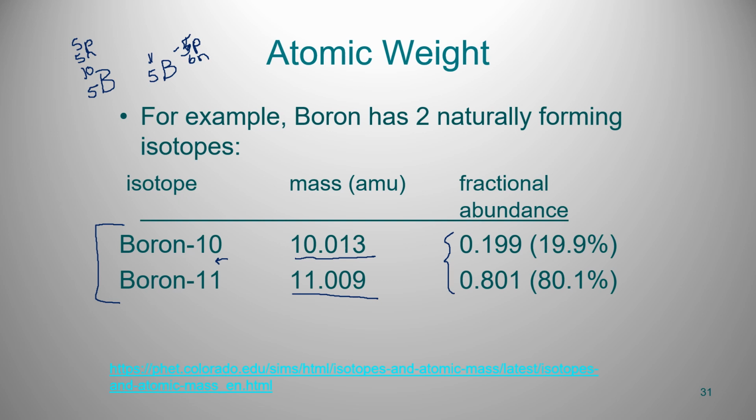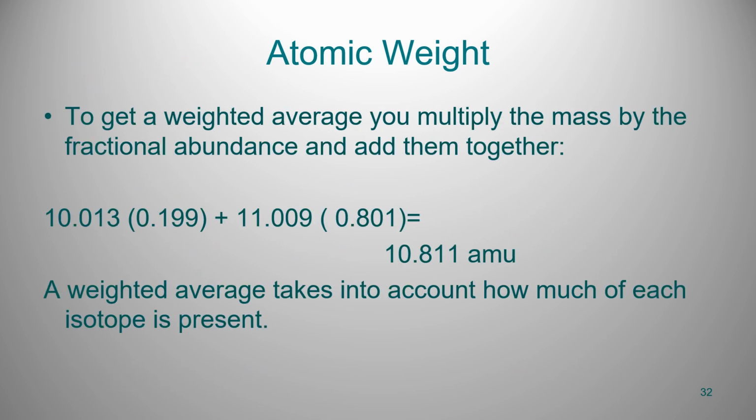Anyway, let's move on. So to get the weighted average, it's kind of like you're saying, I'm not doing one boron 10 and one boron 11. If you take the abundances, it's sort of like saying, okay, if I have 100 boron atoms, about 20 of them, or 19.9 of them, are boron 10, and 80.1 of them are boron 11.